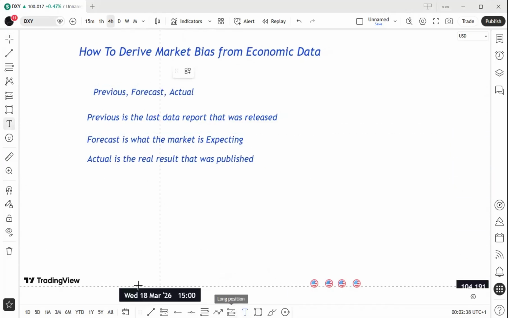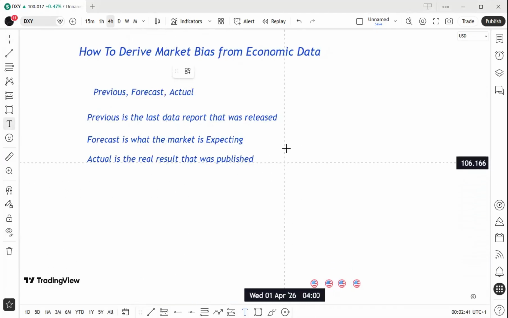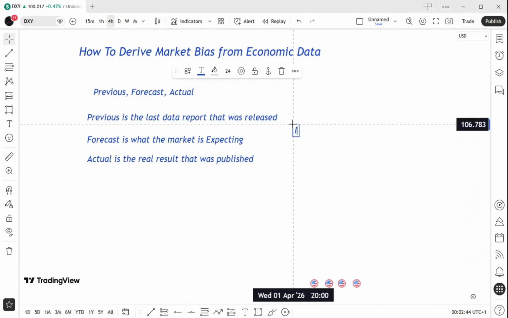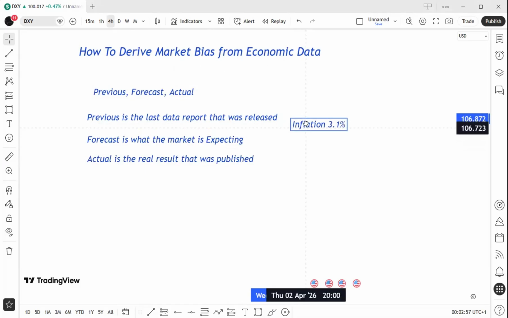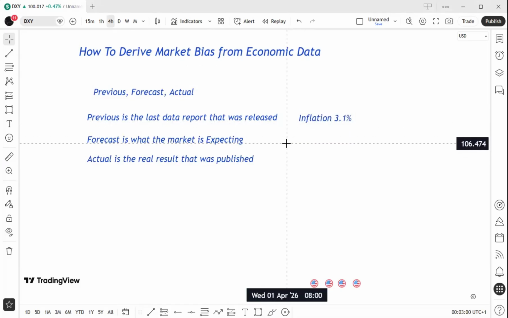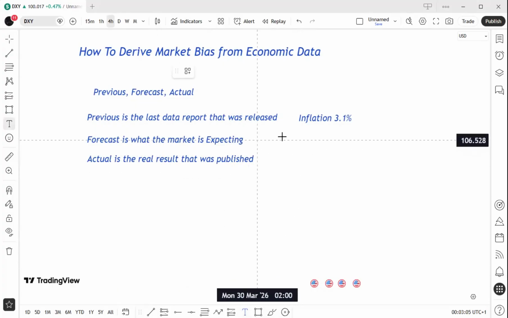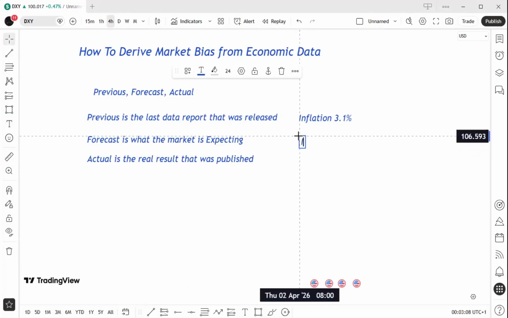Now, let's use CPI as an example. CPI is talking about inflation in the country. Let's say the previous CPI inflation was 3.1%. Now we have the forecast, what the market is expecting. They're expecting that inflation is going to be higher, by 3.4%.